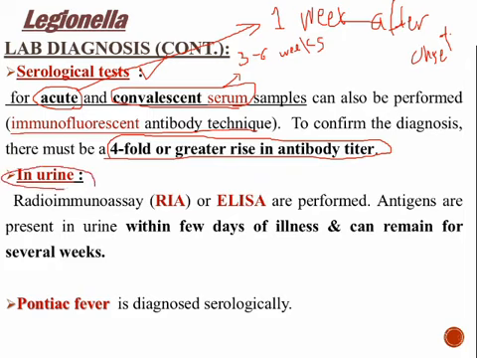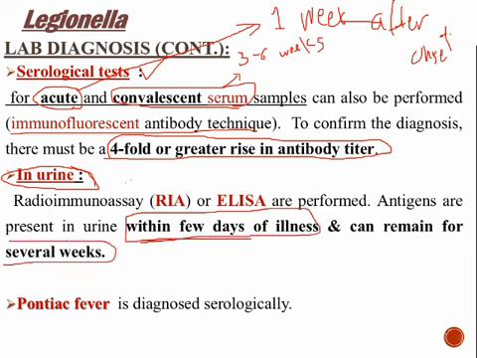Now we move on to urine. The antigens of Legionella appear in the urine starting from a few days after onset of illness and can remain for several weeks.